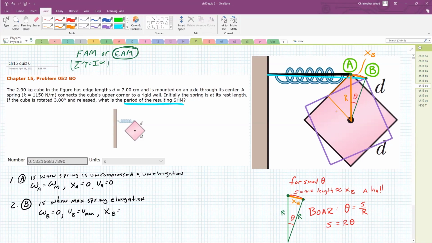I know this value is D over 2. That value is D over 2. This value here is also D over 2. Because this is an isosceles triangle, if the two sides are D over 2, I know this is D over 2 times root 2.